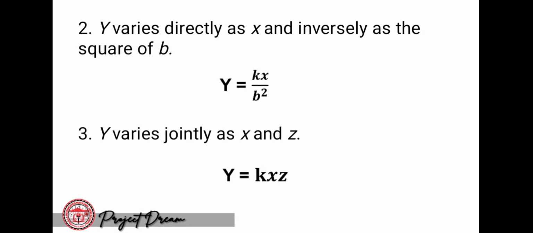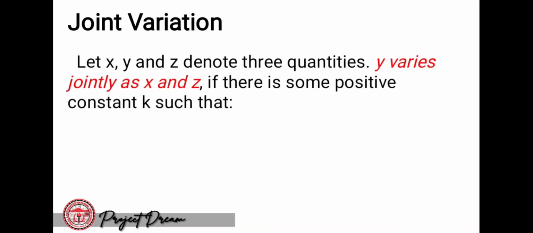Since you already know how to translate the given statement into mathematical sentence using K as the constant of variation, let us now define joint variation. Let X, Y, and Z denote three quantities.